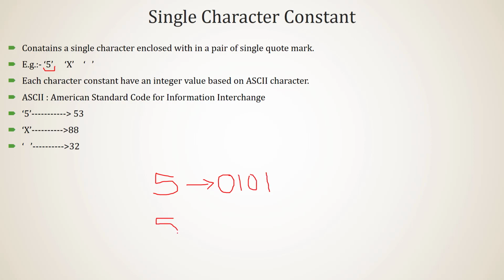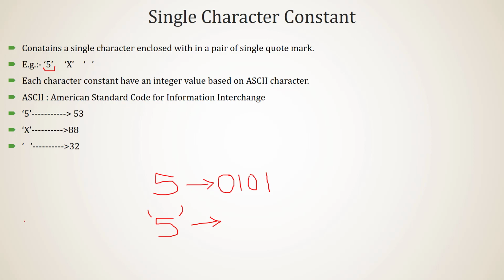But if I use 5 as a character constant, a different value will be stored in memory. It is based on a table called the ASCII table, the American Standard Code for Information Interchange.